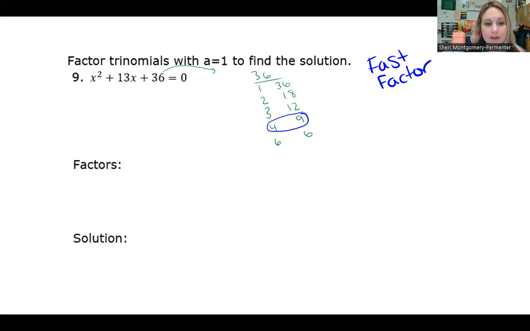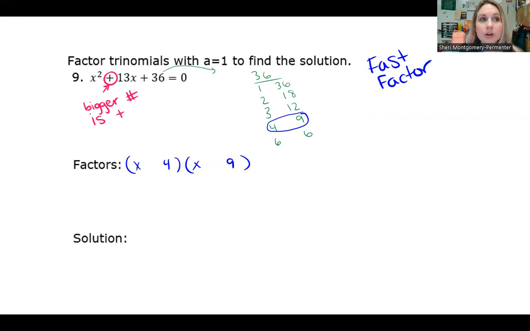So when I make my factors, they will always start out with x. And then I put the two numbers in there, 4 and 9. I have to look at the middle number. The middle number is positive, so the bigger number is positive.